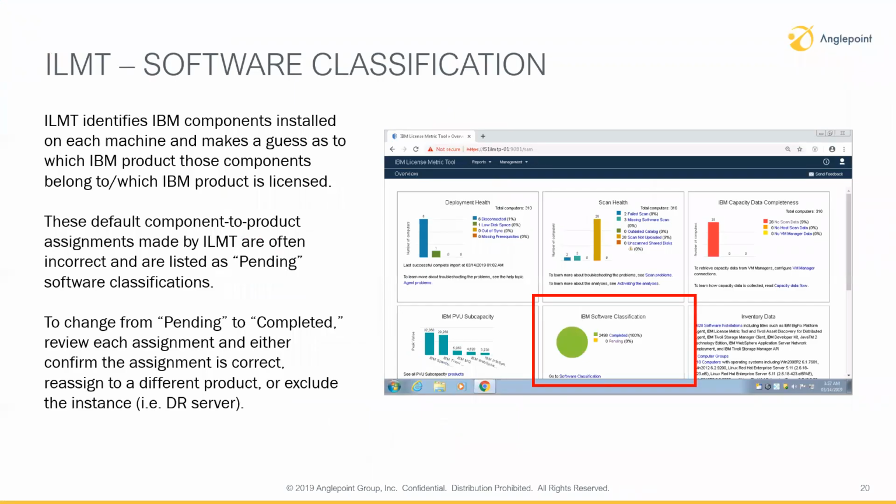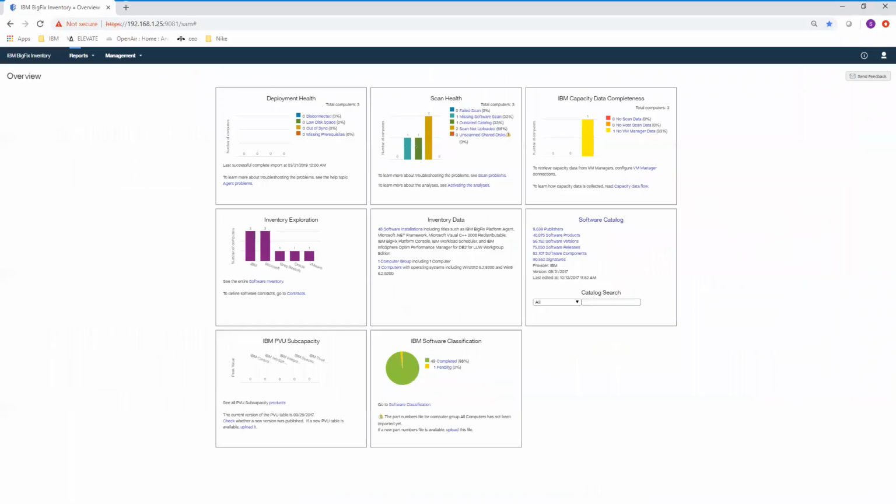To change these from pending to completed, it requires that human eyes actually go in and review each of these default assignments made by ILMT and confirm if the assignment is correct. You can confirm it, reassign it to a different product, or exclude the instance, and I put in parentheses, i.e. it's a DR server. So again, let me go to this demo. I have this 1 pending assignment right here.